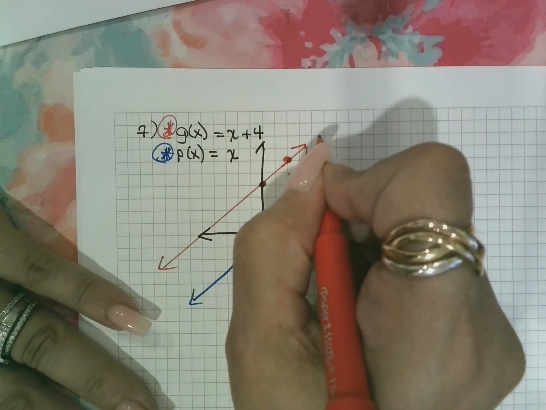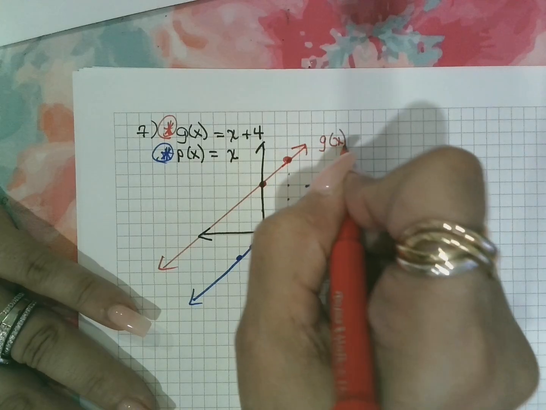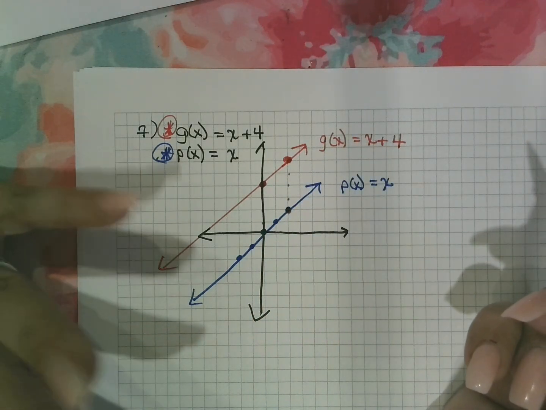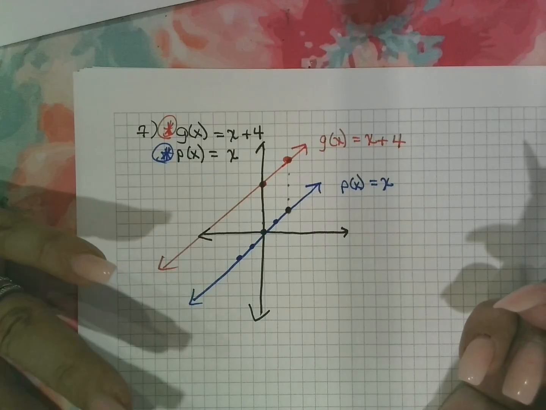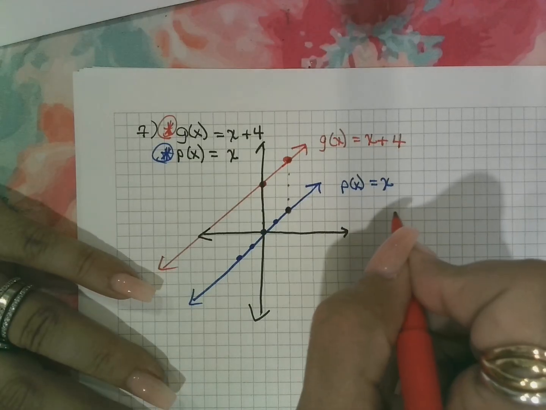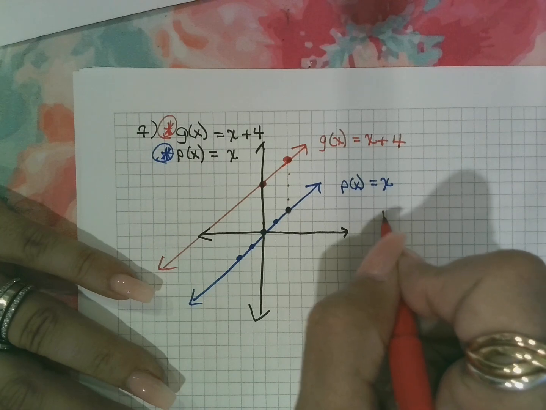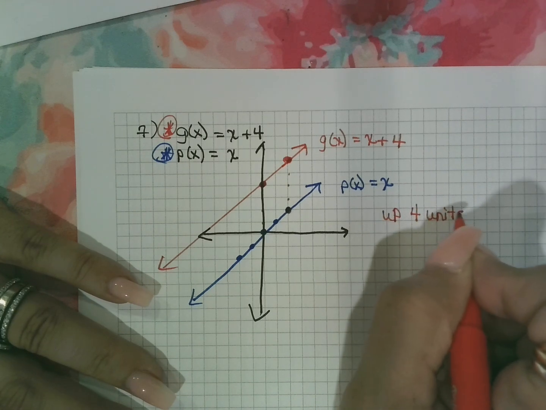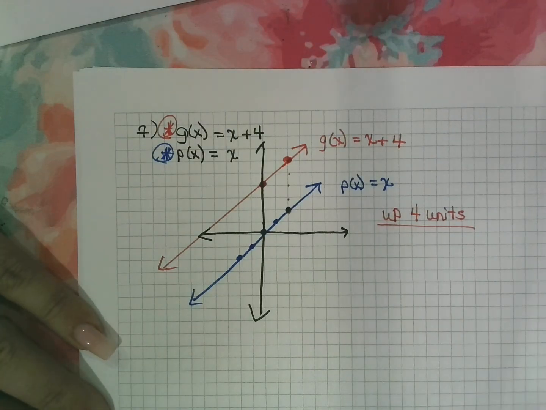Alright, and this is g of x equals x plus 4. After graphing the parent function and the new function, you need to describe it, and the transformation is up 4 units. And that's that.